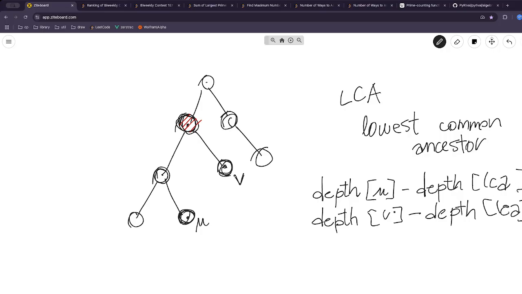That's going to give us what we're looking for, right? So now we reduce this.